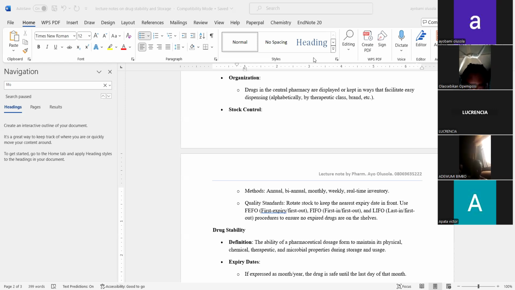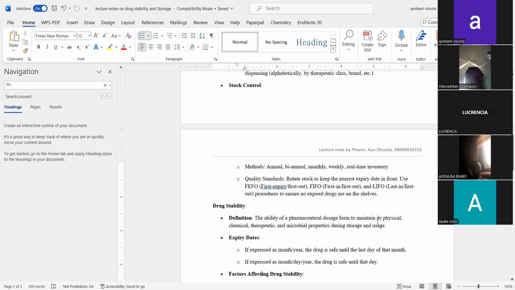That's FIFO. Then we have LIFO, last in, first out. So they will likely ask you the meaning of these things: FIFO, FEFO, LIFO, and all.